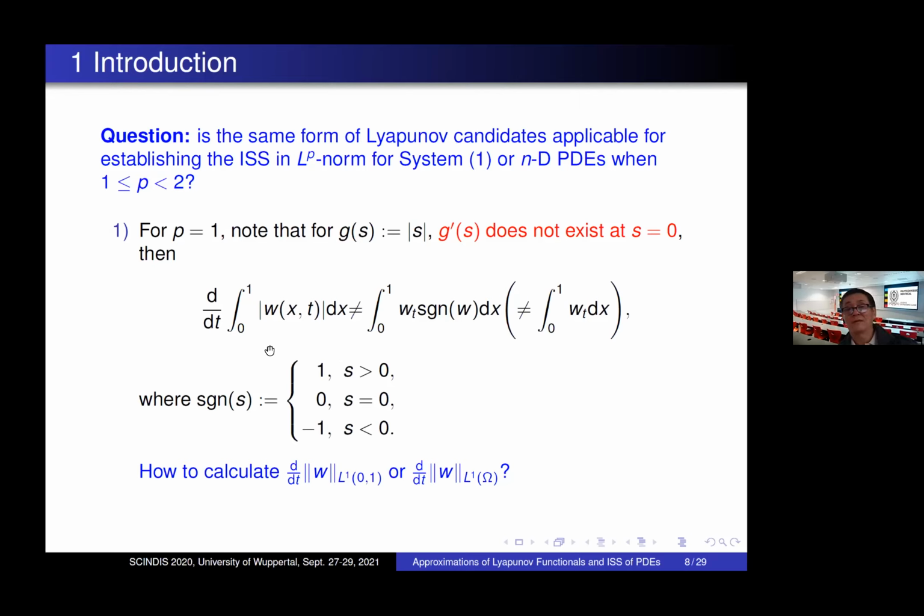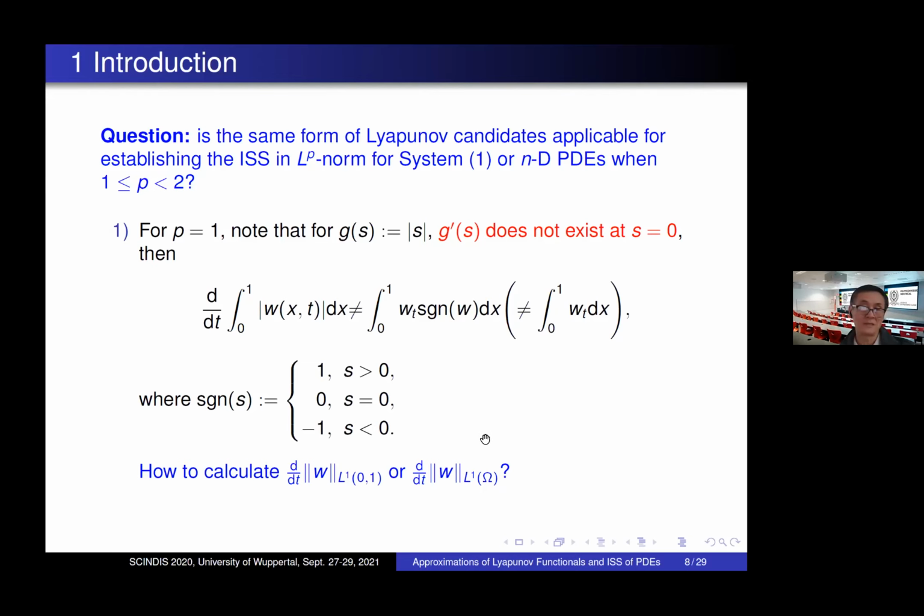So we already have trouble, and in addition, in general these two functions are not equivalent, actually depending on a solution which is unknown a priori. So actually we cannot compute the derivative of the L1 norm, or in general for a system defined on high-dimensional spaces.